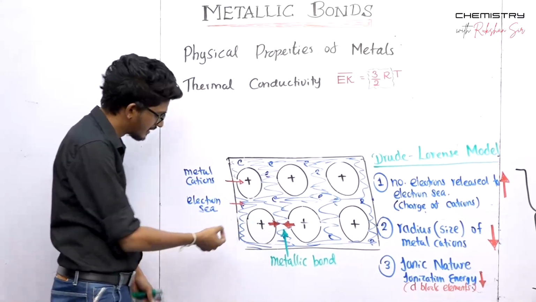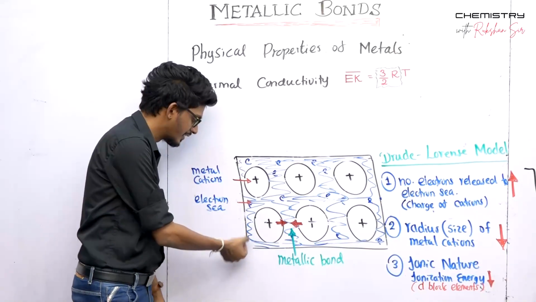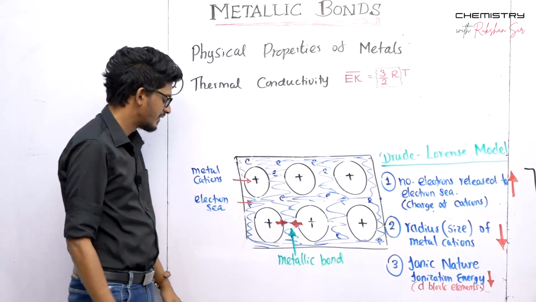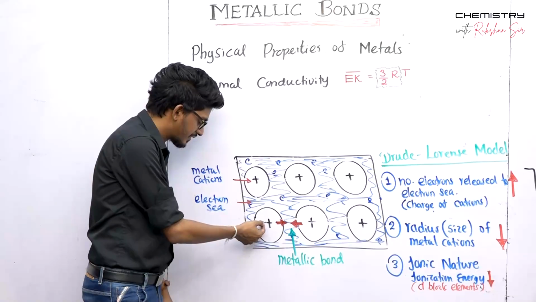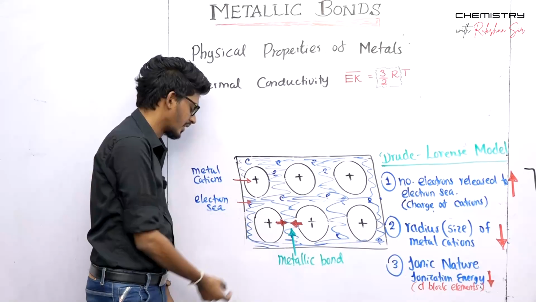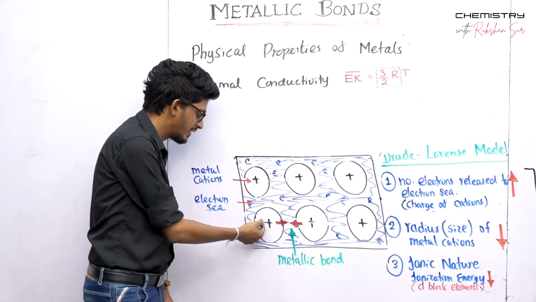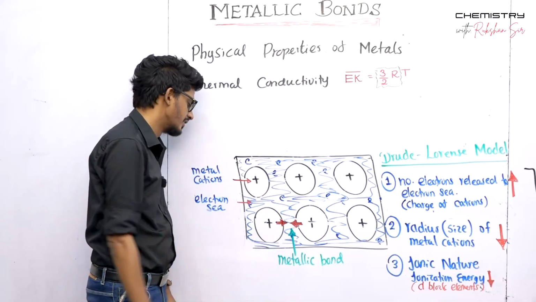If you heat the metal from this corner, then this matter particle, this cation, will absorb that heat energy and increase its kinetic energy.